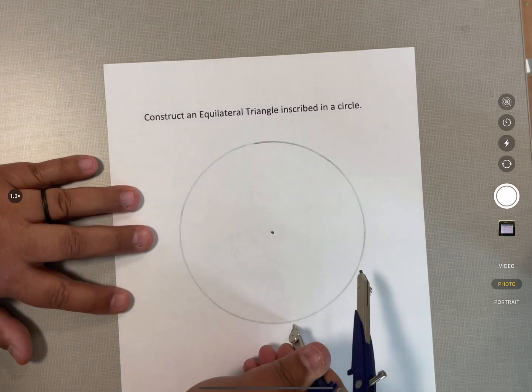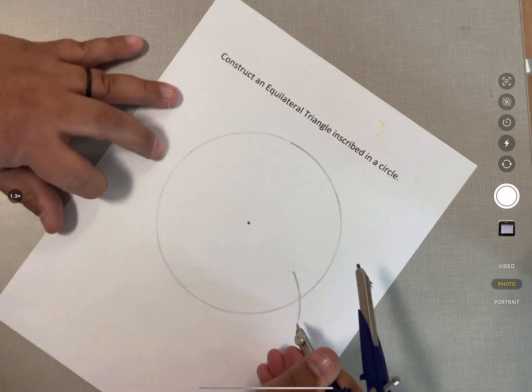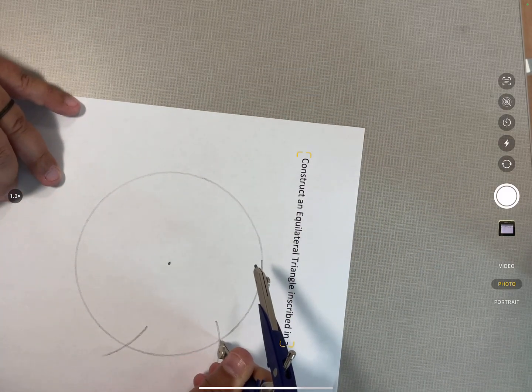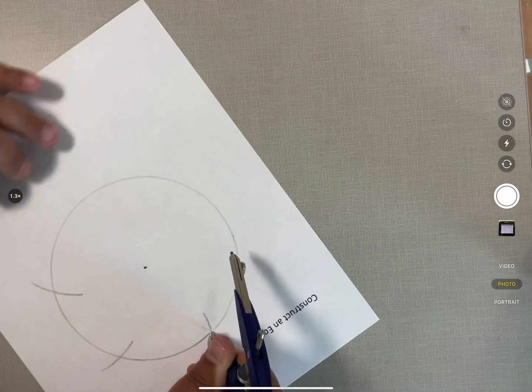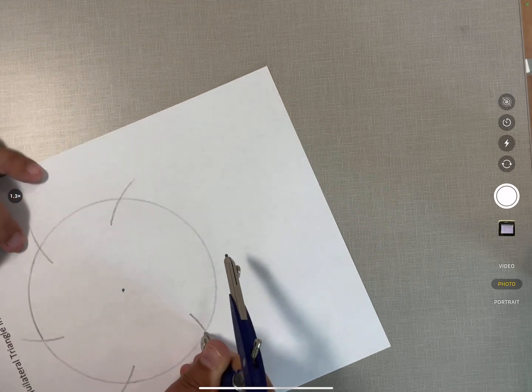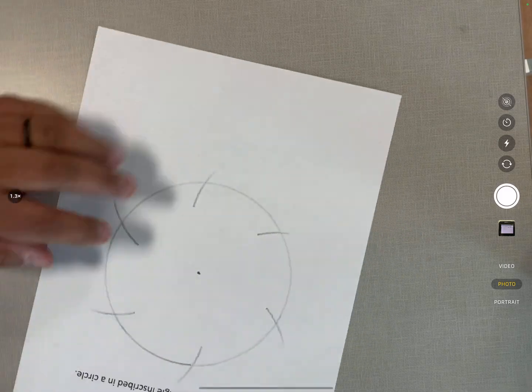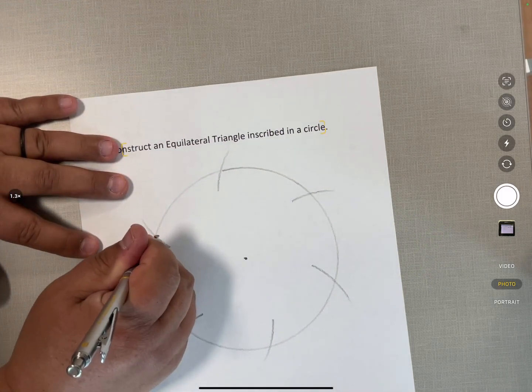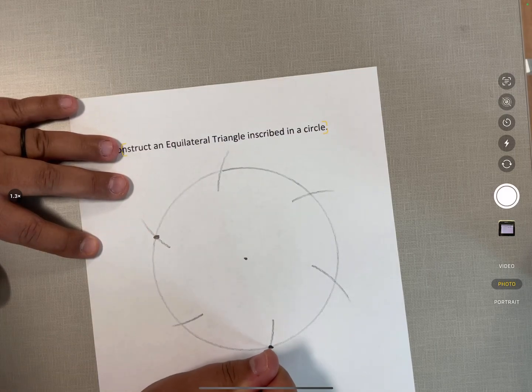Preserve the radius, mark the radius around the circle, just like we did with the hexagon. Now this is going to give me 6 points. I don't need 6, I just need 3. So I'm going to highlight every other one.